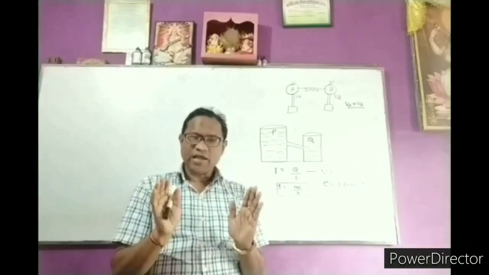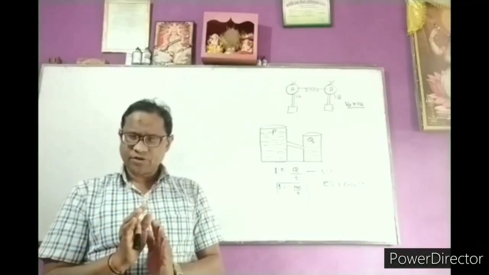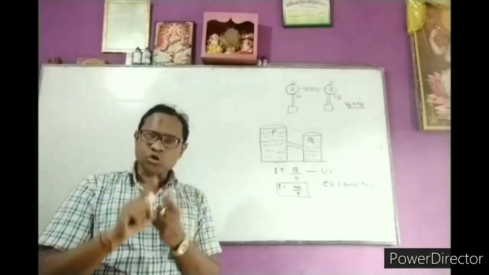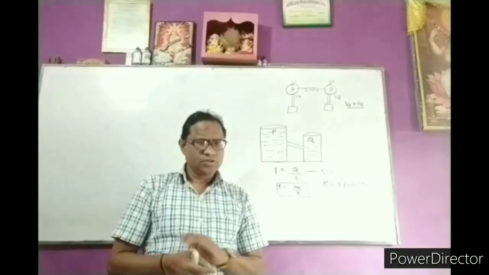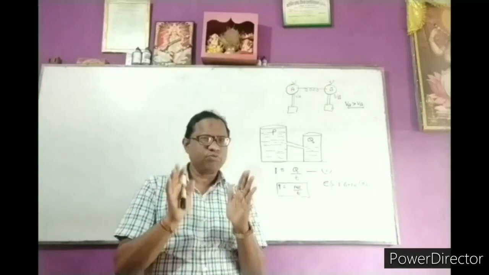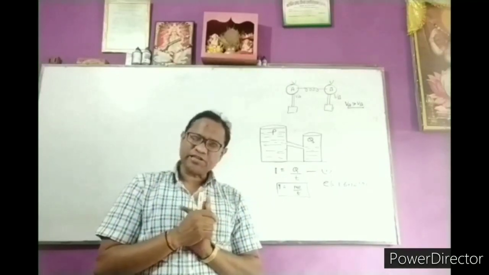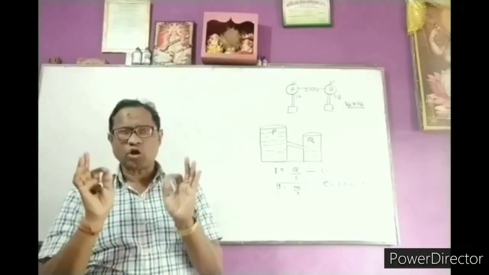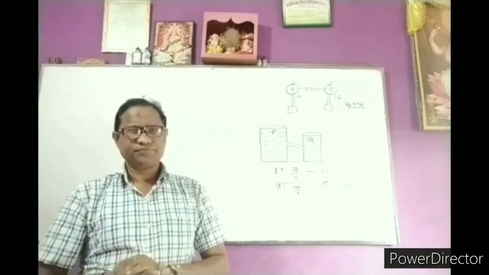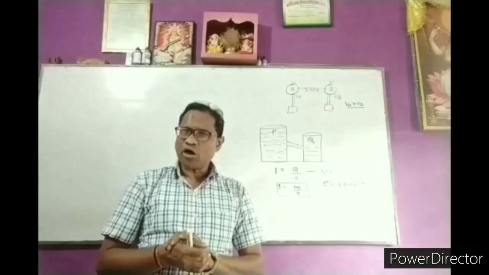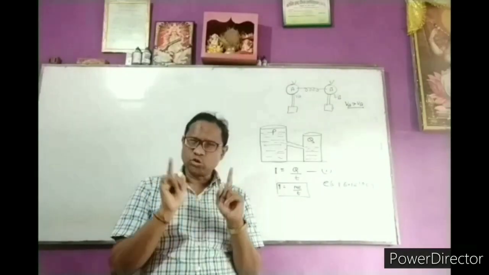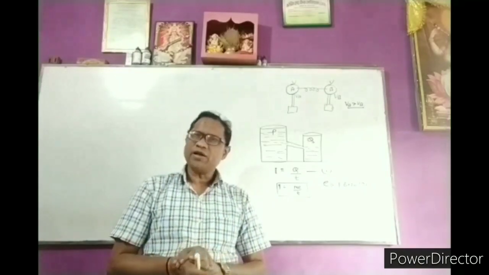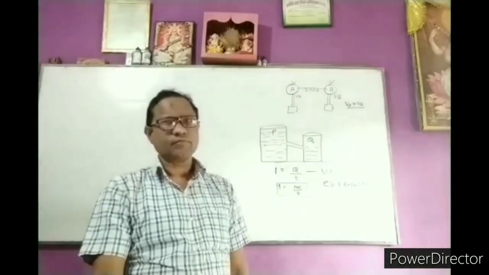Hence, electric current may also be defined as the rate of flow of electric charge through a cross section of a conductor. Clear?